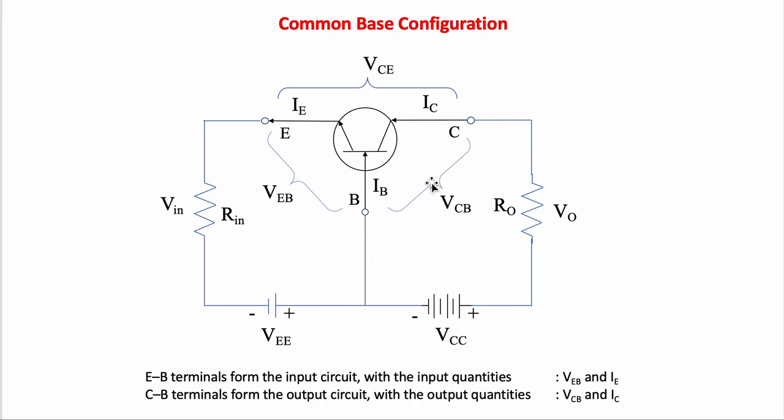Within this circuit arrangement, now we have an input circuit and output circuit. Therefore, we have input and output quantities. For input, we have VEB and IE as the input voltage and the input current. For the output circuit, we have VCB as the output voltage and IC as the output current.